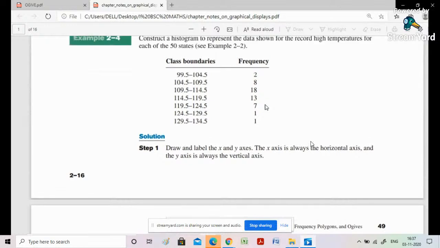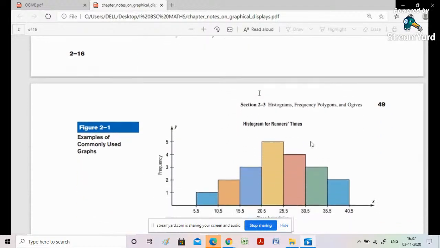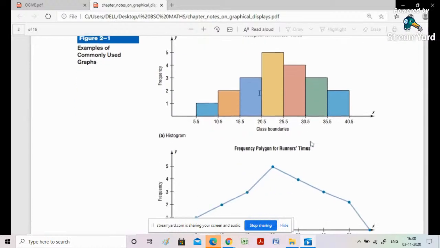So we can get the first information using the height of this histogram.